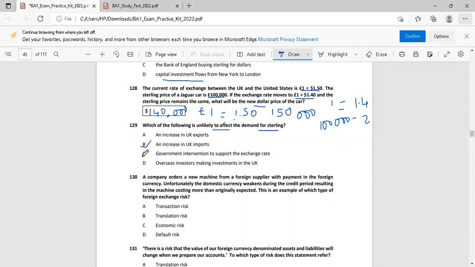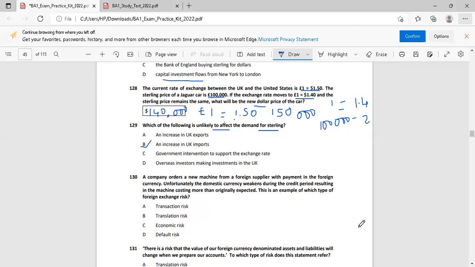Only in a scenario where UK has more imports. So when they import, they will have to pay in sterling. When they are actually paying, there is no demand arising in terms of making payment. It is just the present scenario which would be prevailing. Okay, on that note, B will be the answer.